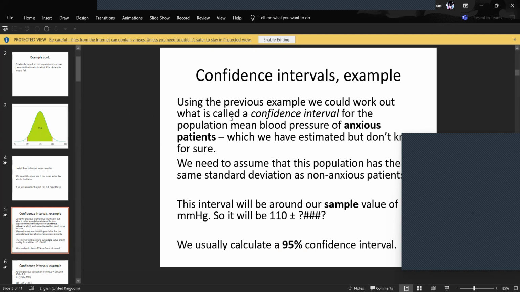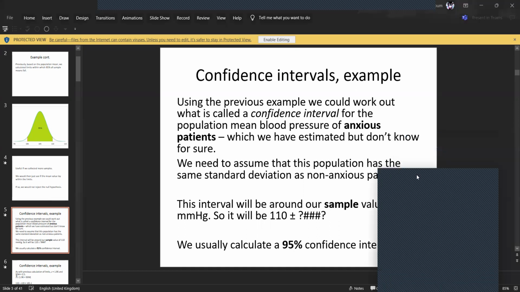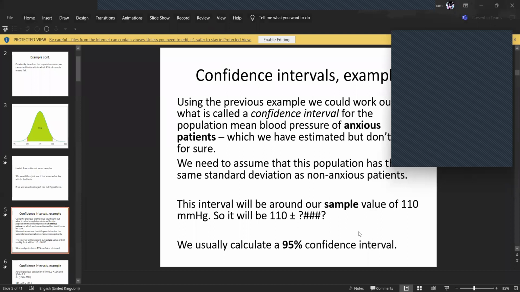So in the previous example, we worked out what is called a confidence interval for the population of anxious patients, and we estimated the confidence interval in the previous lecture, but you don't know for sure. And so you have to assume that this population has the same standard deviation as non-anxious patients. This interval will be around our sample value at 110.